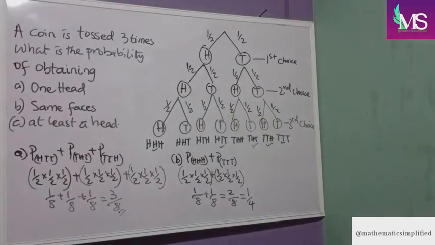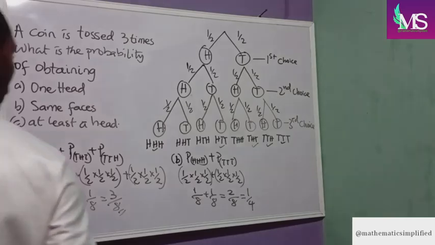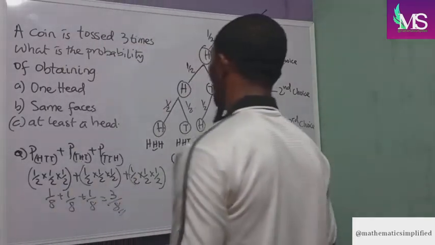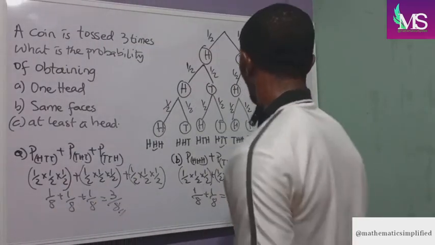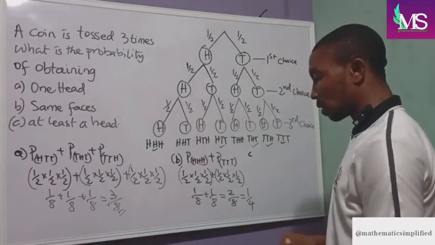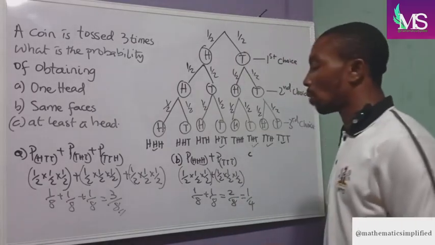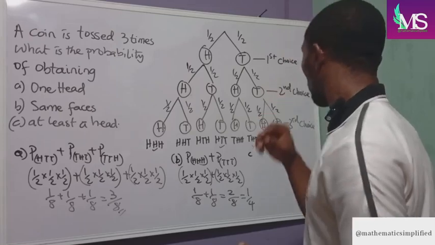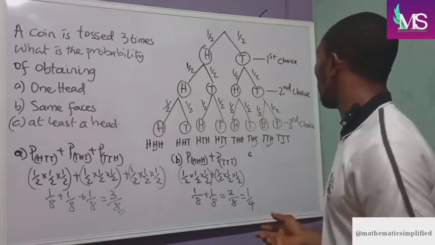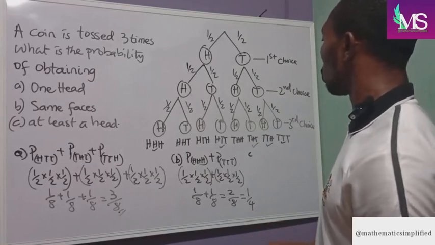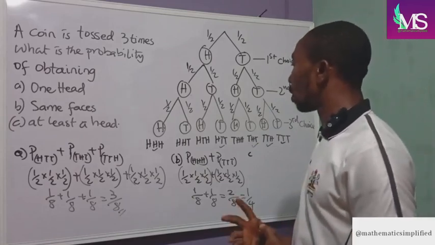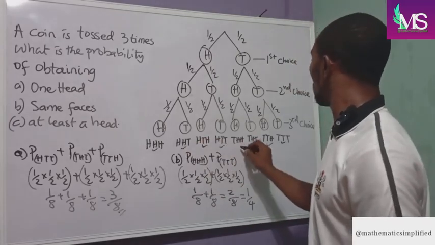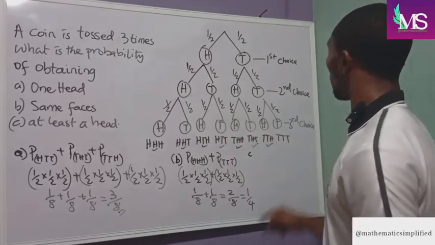All right, and the probability of getting at least a head. Number C, at least a head. At least means that the lowest number of heads, you can get more than one head, but the least you should get is one head. So we'll consider all these ticks except this one.